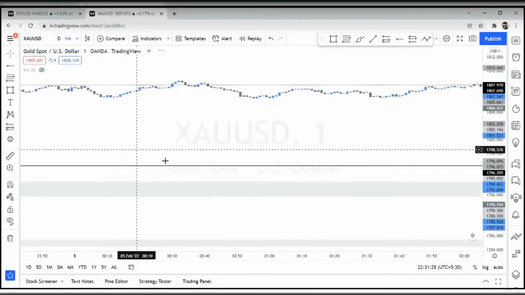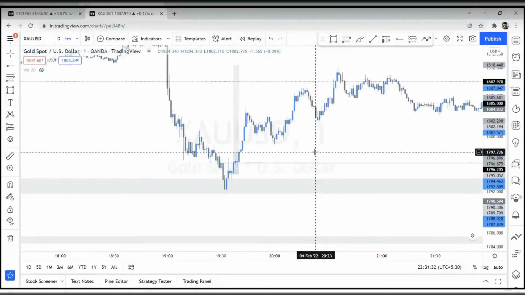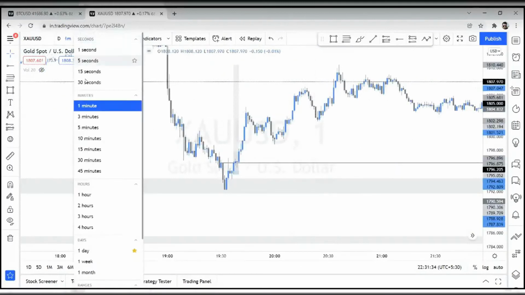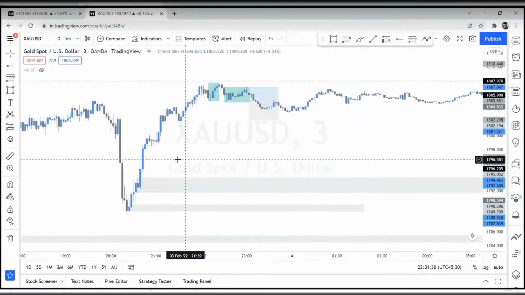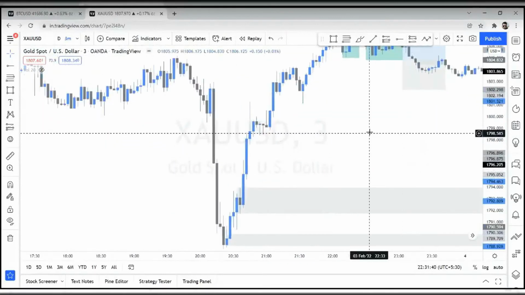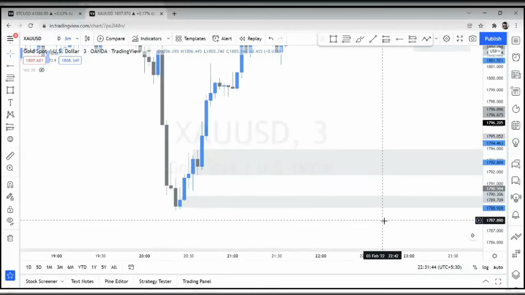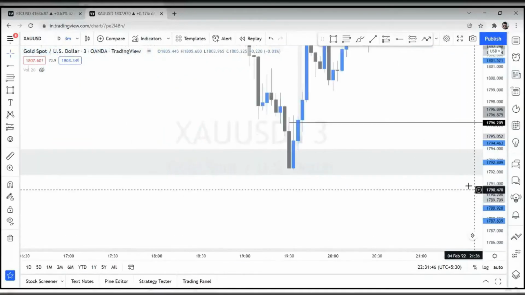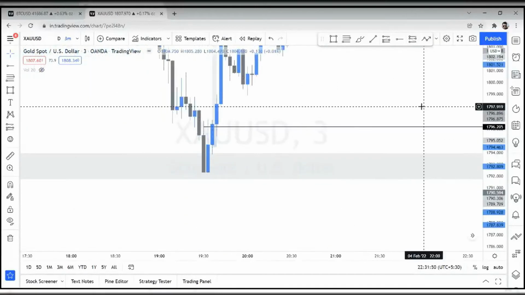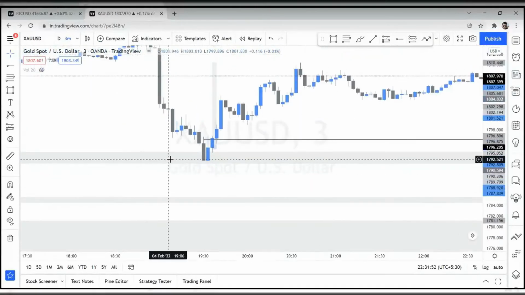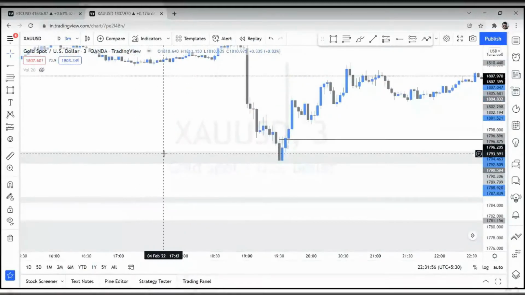Let's just check. Okay, it came from 3 minutes. See, it came from this order block. If you see, price reversed from right here. So this is how you can refine your zones. You can refine your areas when you're looking for buy and sell.